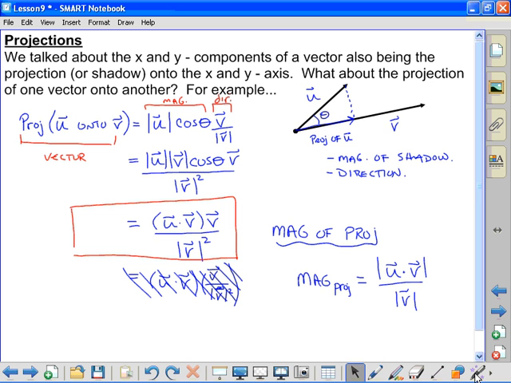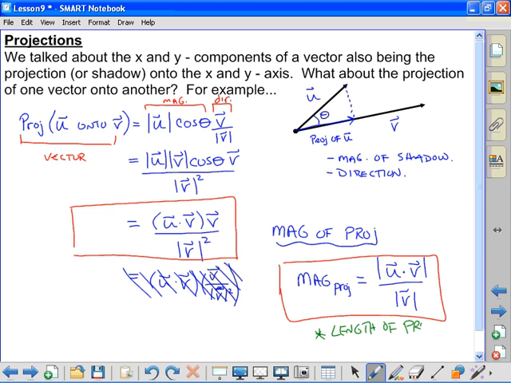So that will get you just the length of the shadow. So, length of projection, or magnitude only. And this one has magnitude plus direction. All right, so there's your projections.